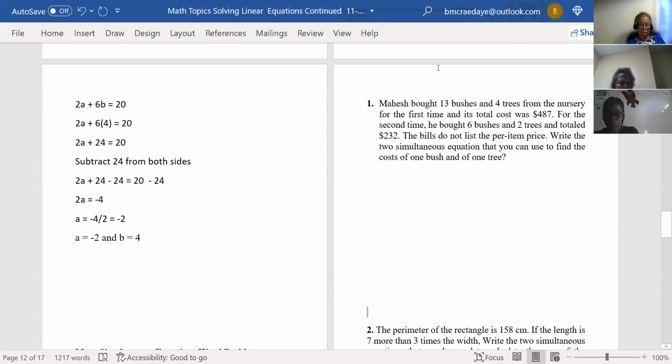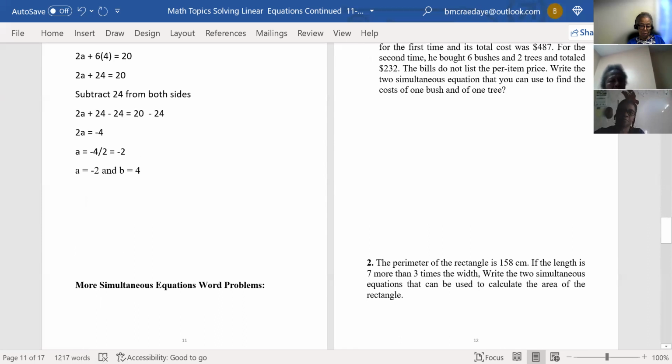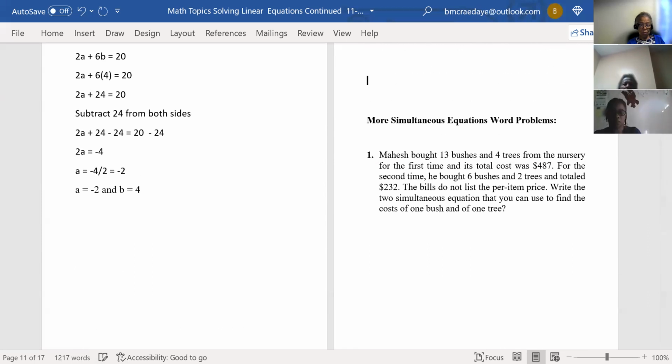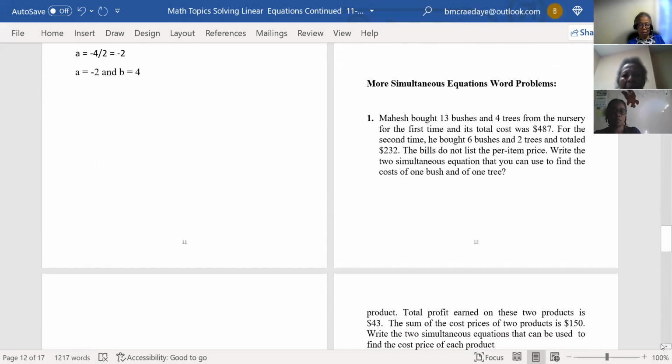Let me break it down so you can see the whole thing. Can you see that, Mahesh? Read that equation. Tell me the 2 simultaneous equations you can write.